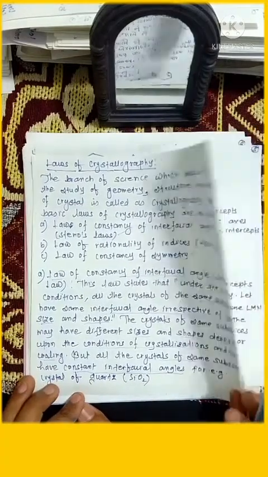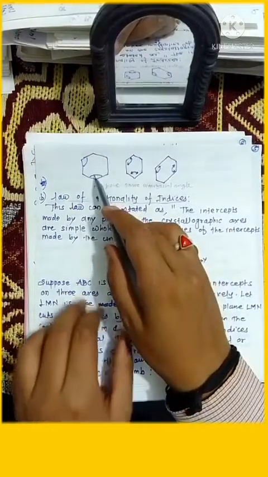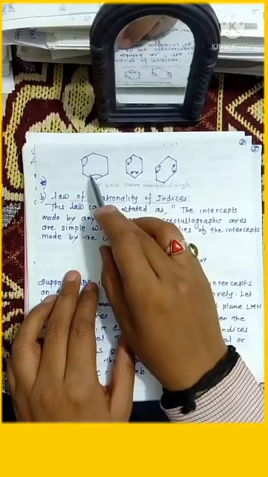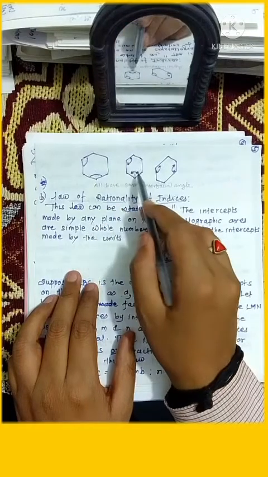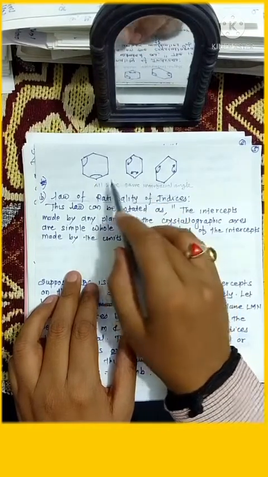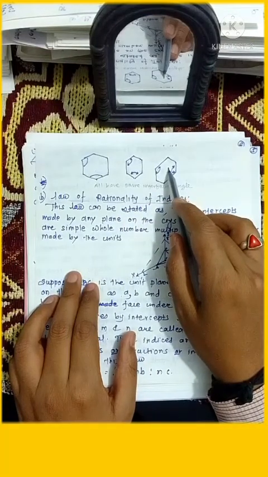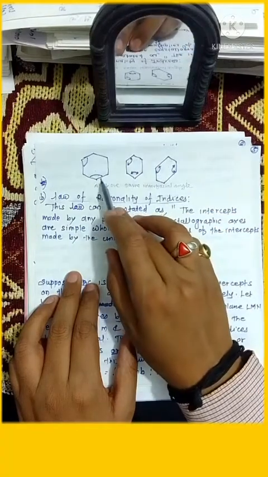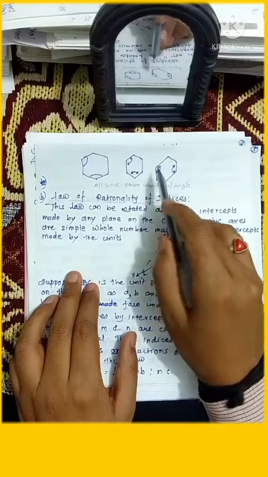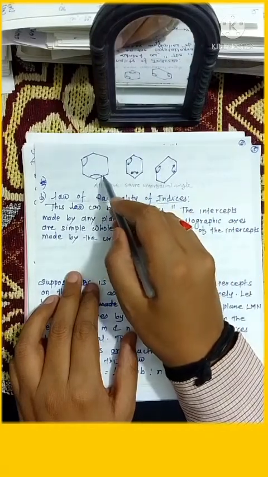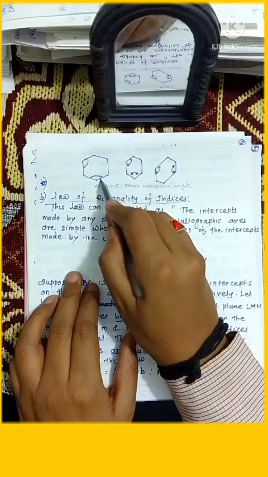So just see, here some crystal structures of SiO2 are drawn. We see that structure A is somewhat different from structure B, and structure B is somewhat different from structure C, but they are all crystals of SiO2, and according to Steno's law, the interfacial angles are always equal.